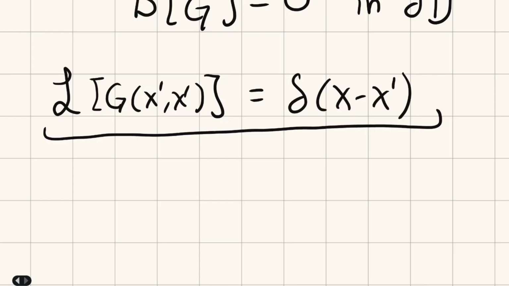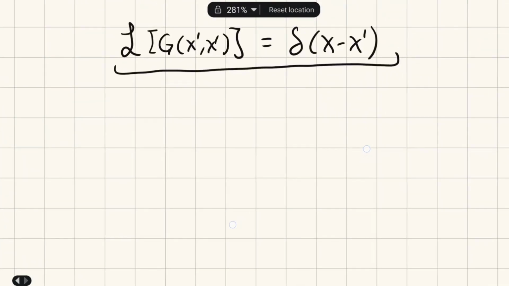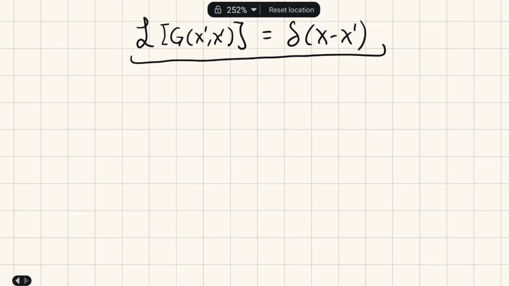What is important is that with this definition, we are going to be able to show that we can express the solution to the differential equation in terms of this Green function. We are going to propose that solution and show that that form is a solution of the differential equation. This can be seen as a theorem.